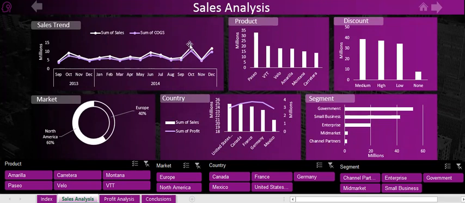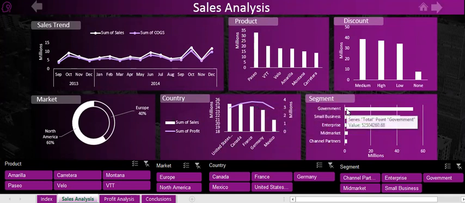There are some peaks and valleys which are very prominent in the latter part of 2014. The Paseo product sold the highest number in this segment, and the country which is selling the most is the United States, but France is earning more profit.